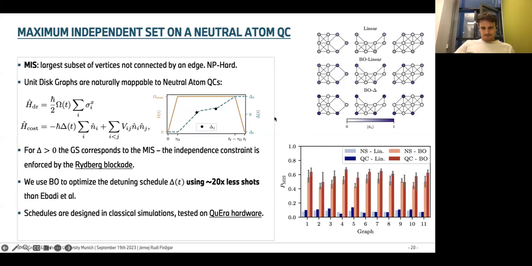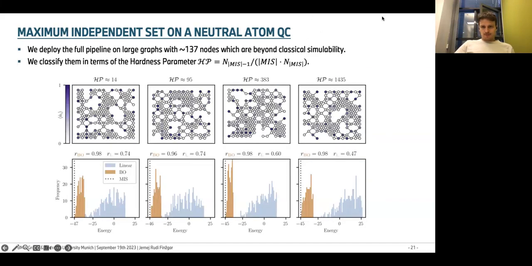Of course, the nice thing about the QuEra device is that it is a relatively big device. I think you can load up to 250 atoms into it. So of course, I also want to try out graphs which are beyond classical simulability, meaning that the whole end-to-end optimization was performed on the actual device.